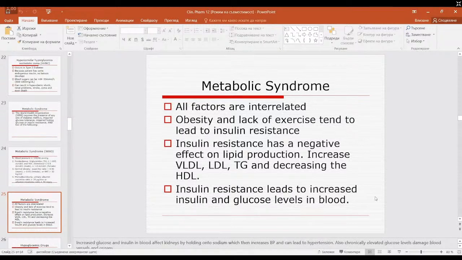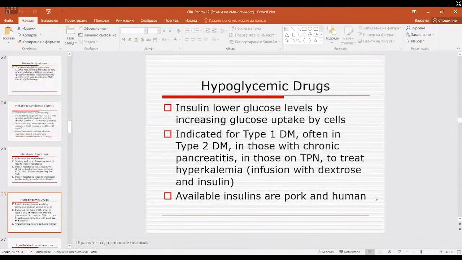Again, it's a very important syndrome because it combines several important things like dyslipidemia, being overweight, having hyperglycemia and hypertension, which all lead to an increase in the risk of getting myocardial infarction, stroke, and other vascular complications.